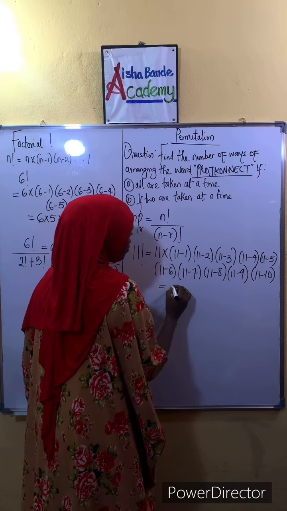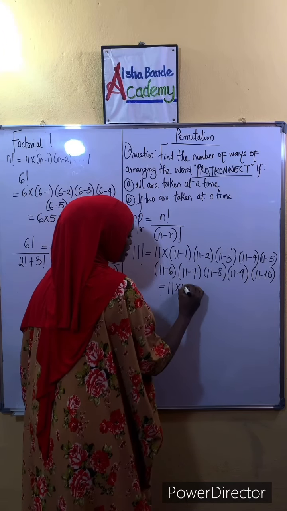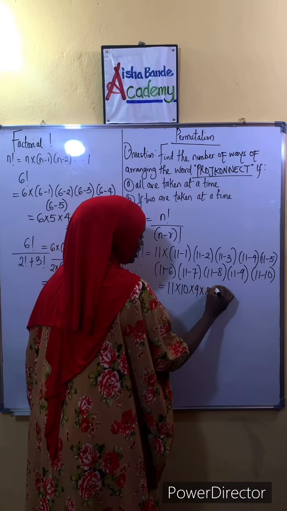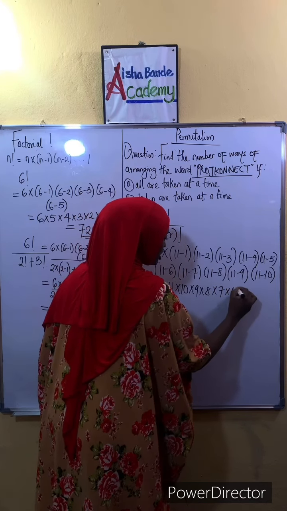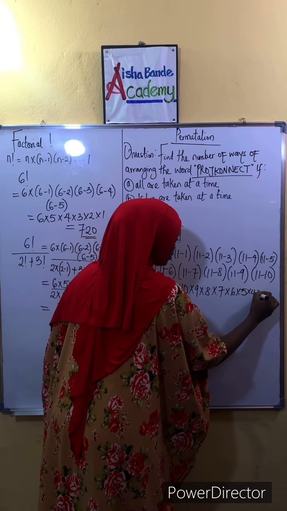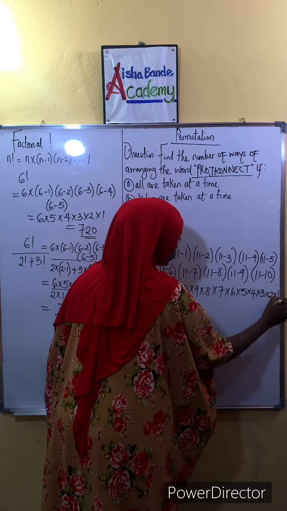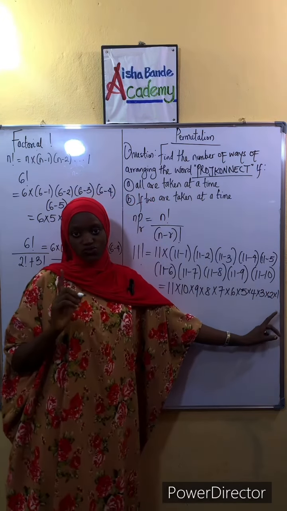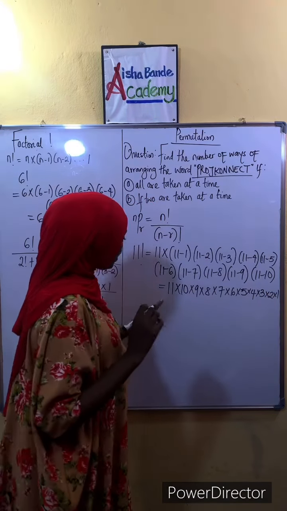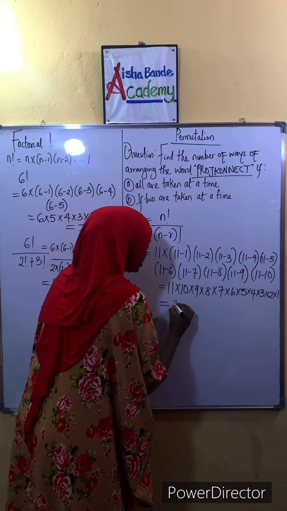So from here we simplify, so we're going to have 11 times 10 times 9 times 8 times 7 times 6 times 5 times 4 times 3 times 2 times 1. So remember, it always ends with 1.